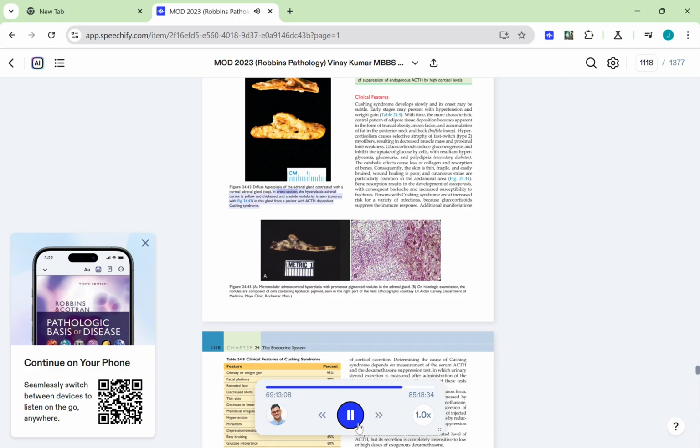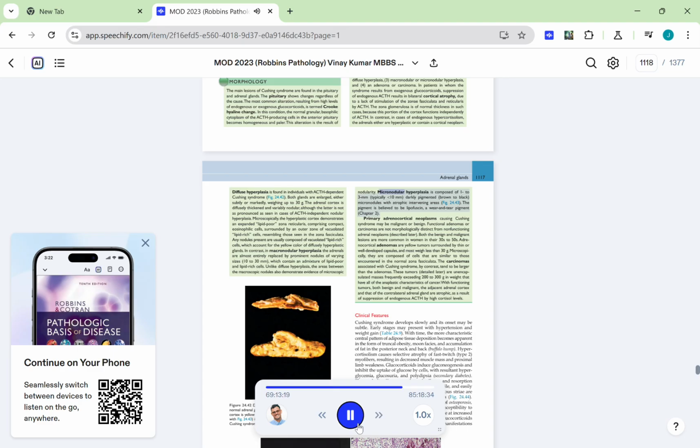In cross-section, the hyperplastic adrenal cortex is yellow and thickened, and a subtle nodularity is seen in this gland from a patient with ACTH-dependent Cushing syndrome. Micronodular hyperplasia is composed of 1 to 3 mm darkly pigmented micronodules with atrophic intervening areas. The pigment is believed to be lipofuscin, a wear and tear pigment.